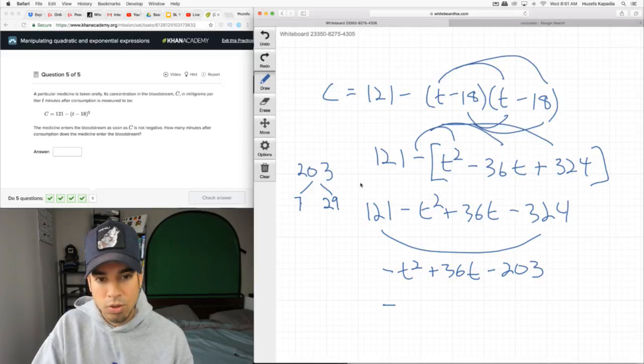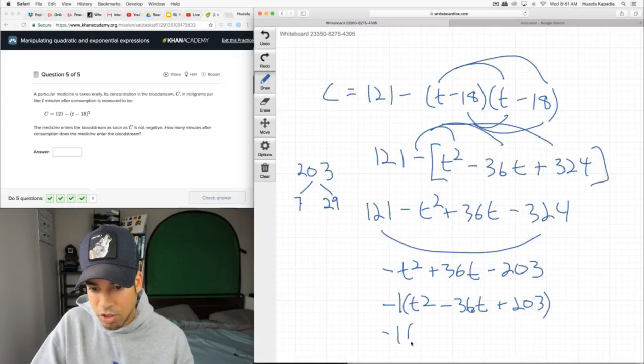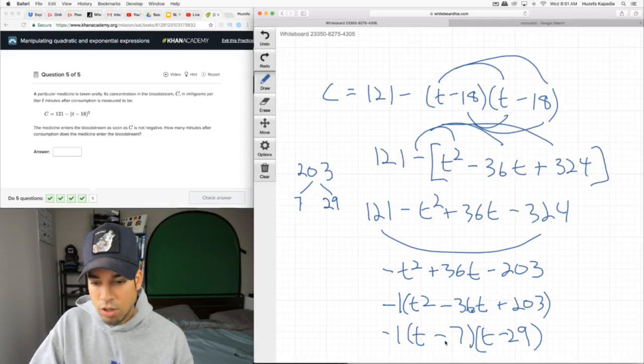I'm going to factor out a negative 1 first: t squared minus 36t plus 203. And then this factors into (t minus 7)(t minus 29). So these are the 2 t-intercepts.